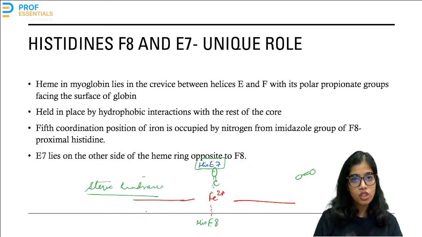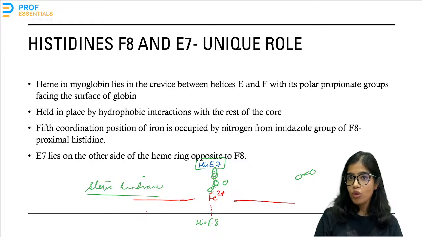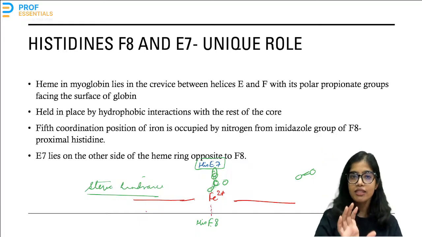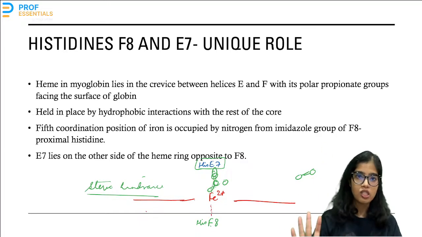Whereas for oxygen, the lone pair of electrons is present at a 120-degree angle, so it can easily adjust in a horizontal fashion like this. Understood? So oxygen has the space to come and form a bond here, because it is not sterically hindered by E7. But carbon monoxide, because of the arrangement of its lone pair of electrons, has to be vertically adjusted, and histidine E7 is not allowing it any space.